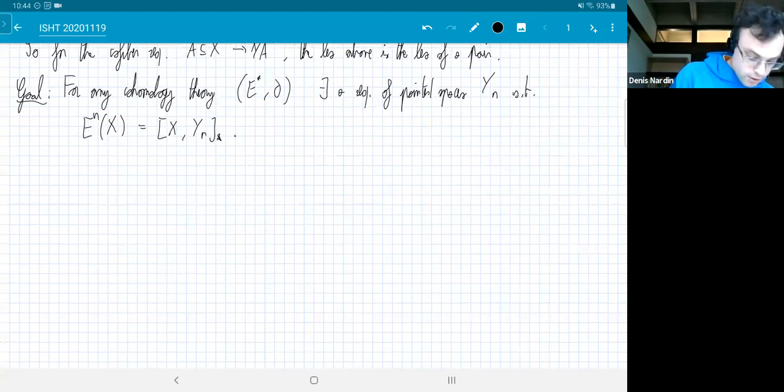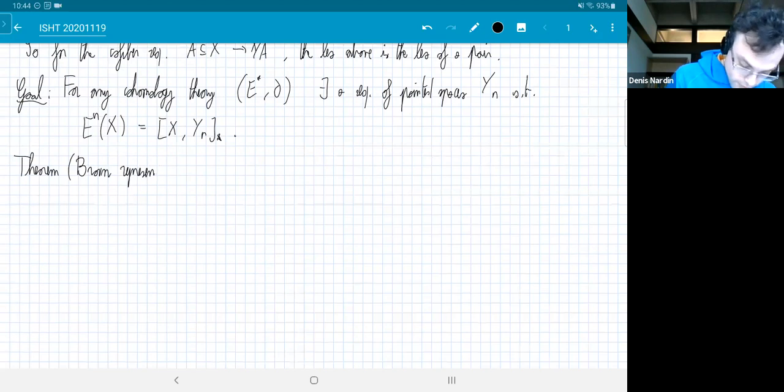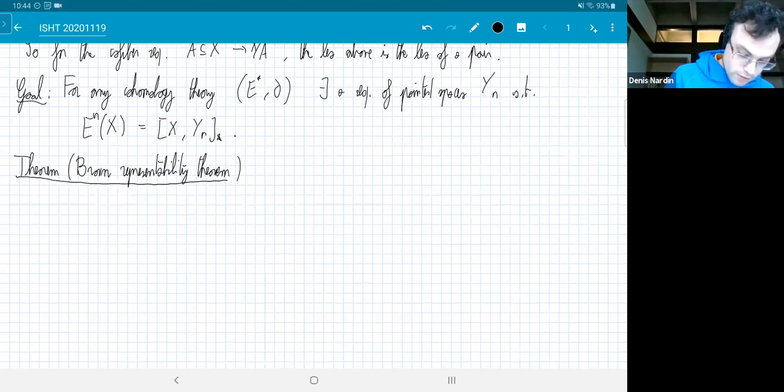That's actually what's typically called the Brown representability theorem, sort of an unstable version of the results above.